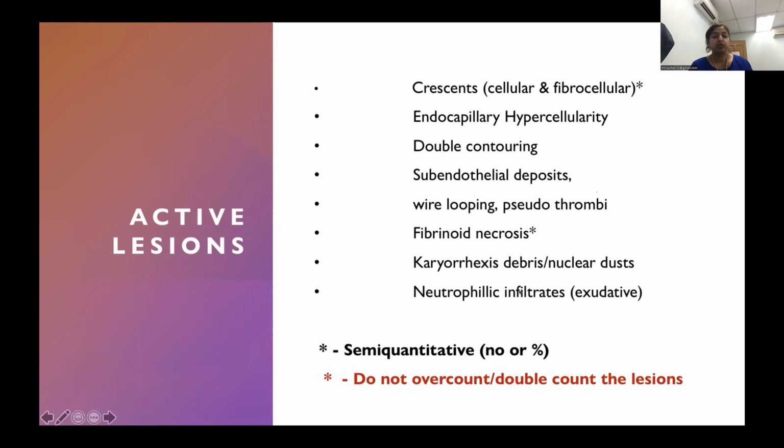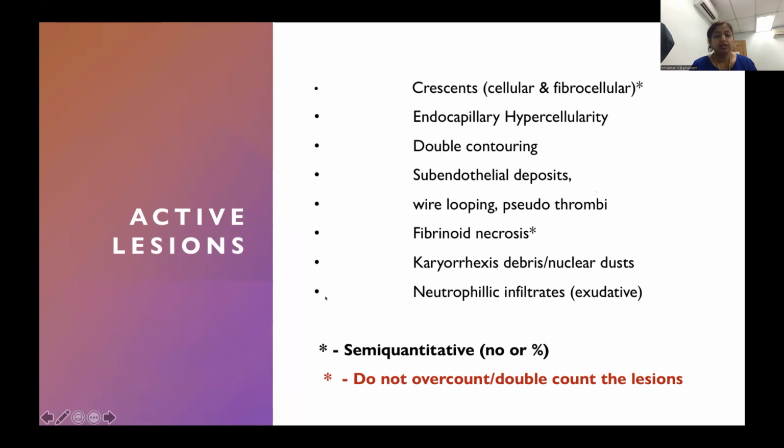As for the rest, we semi-quantitate them as an active lesion overall. In lupus, for instance, I will show you in images. If you can do this for crescents, especially the cellular and the fibrocellular, and fibrinoid necrosis, they carry a higher weightage for active lesions. Hence the reason why we need to highlight them, especially in conditions like crescentic GN and so on.